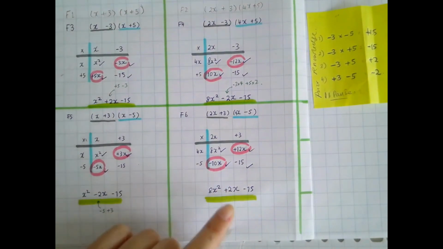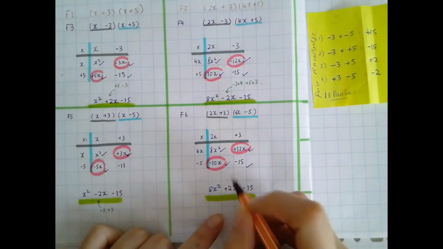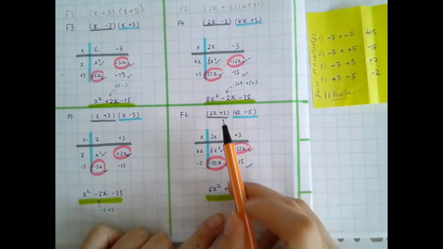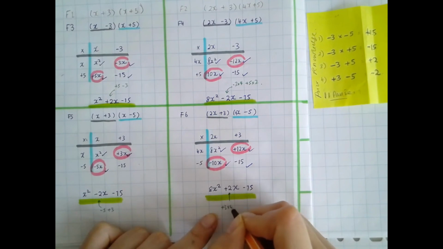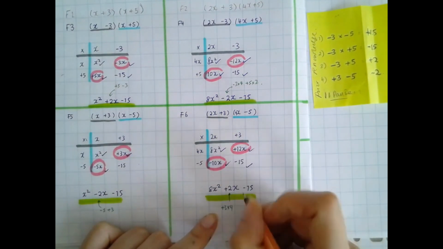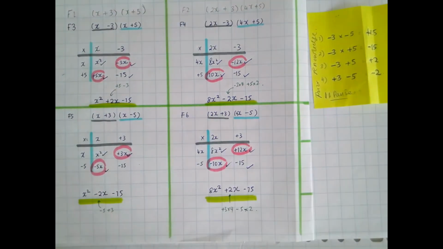And finally this one. This one was a positive 2x. And that came from positive 3 multiplied by 4, subtracting 5 multiplied by 2. It's having a look very closely to see where these coefficients come from.